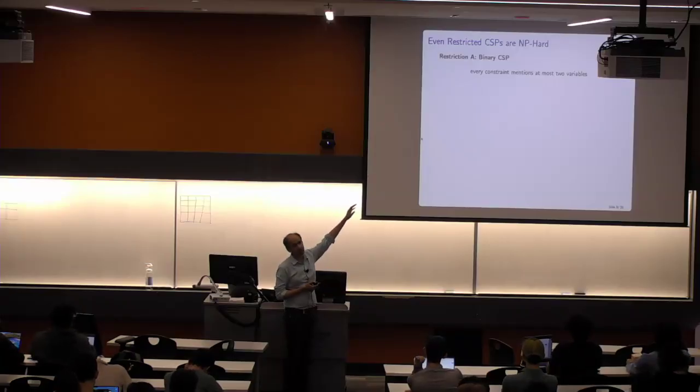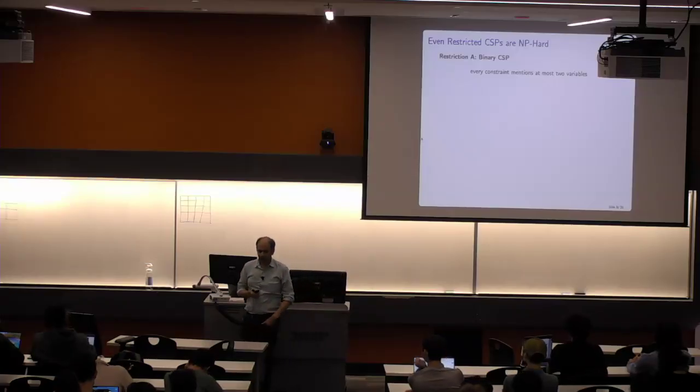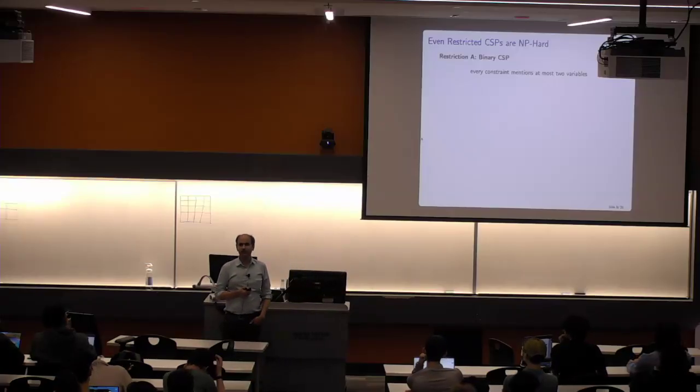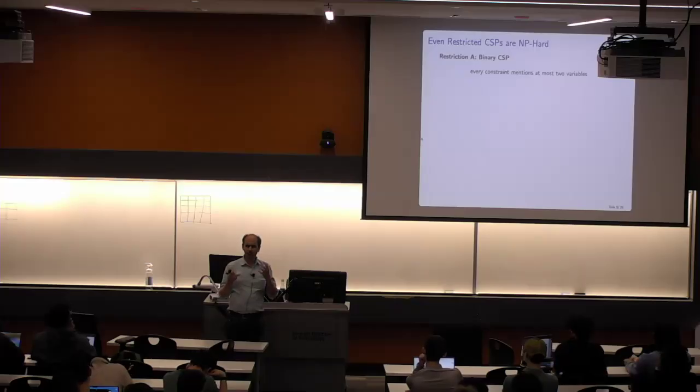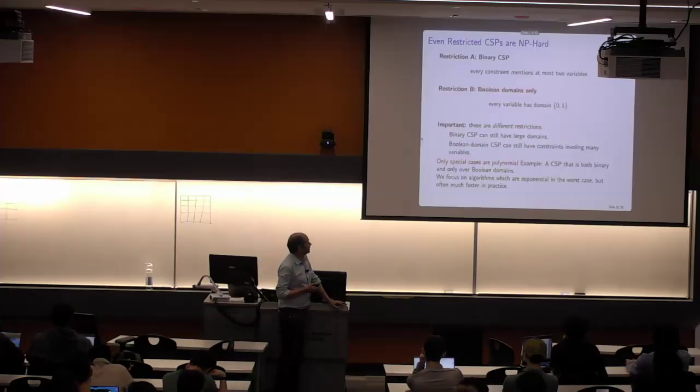For example, you can say, look, I want you to come up with a CSP problem where every constraint has only 2 variables. Okay, so that kind of looks like a simple problem. You have a set of variables and you have constraints. Every constraint always talks about at most 2 variables. Even in that case, the problem turns out to be NP hard.